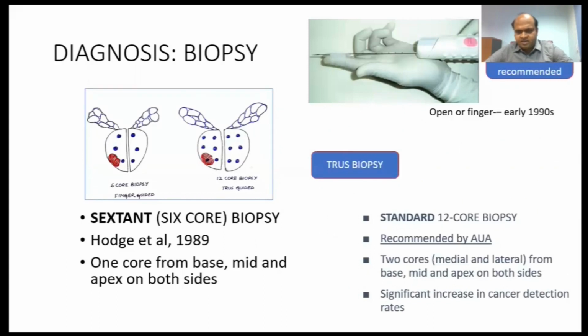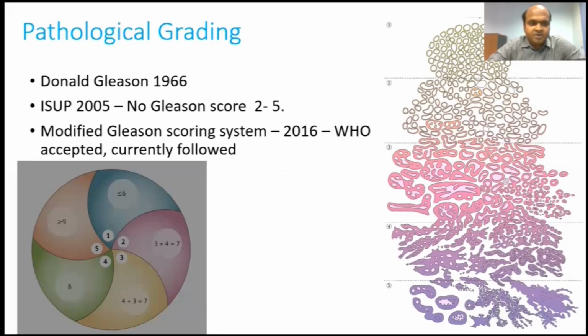Currently, the standard biopsy is 12-core transrectal biopsy, which we say as TRUS-guided biopsy. And as we can see in the image, 2 cores are to be taken from base, mid-zone, and apex in both lobes.